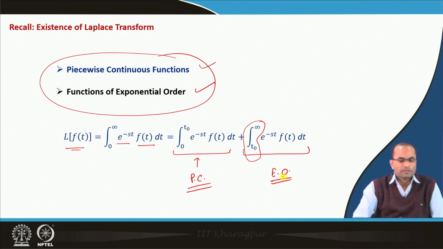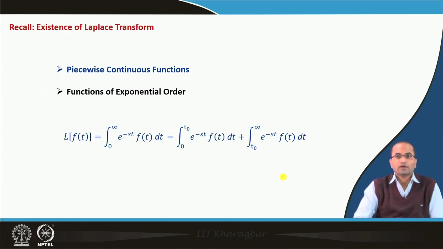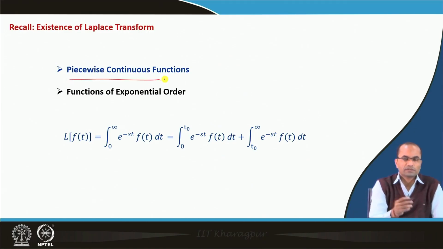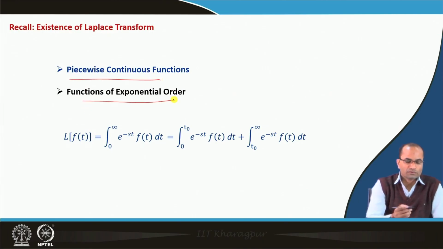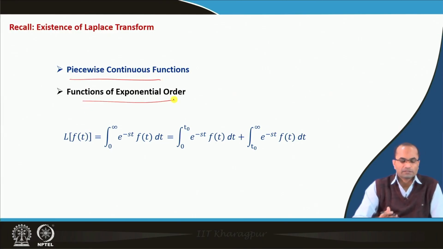As a whole, we discussed that these two conditions are sufficient for the existence of the Laplace transform, but they are not necessary. We have shown some examples where the functions were not piecewise continuous and the Laplace transform still exists. Also, the function was not of exponential order, but still the Laplace transform exists.